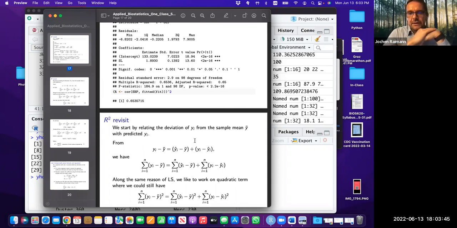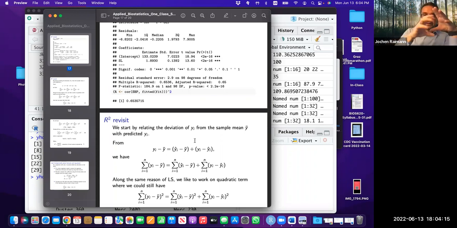This indicates, in a regular bivariate correlation, the strength of the association between the dependent and the independent variable. In a simple bivariate correlation, you can just square the Pearson correlation coefficient and you get the so-called R squared.